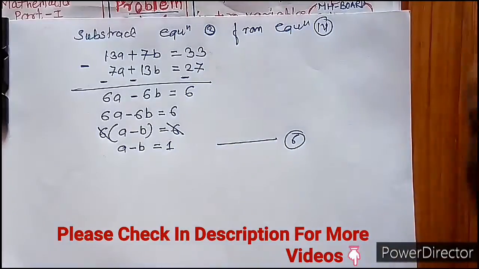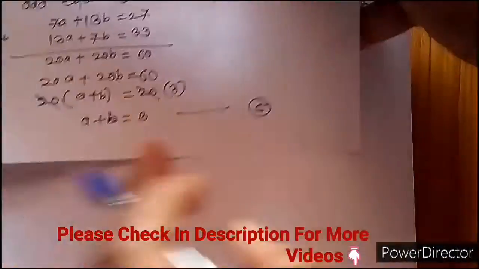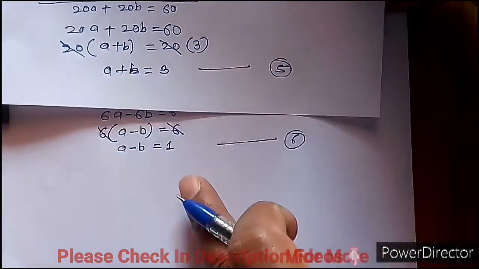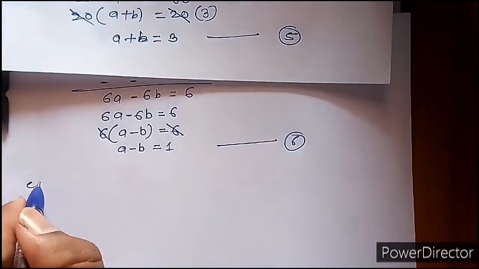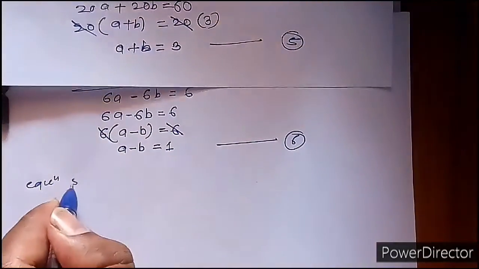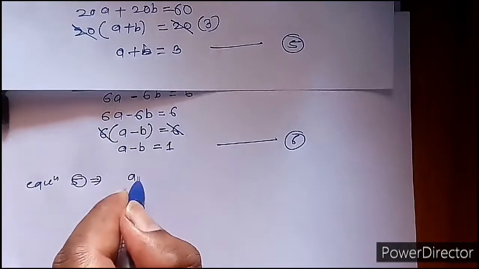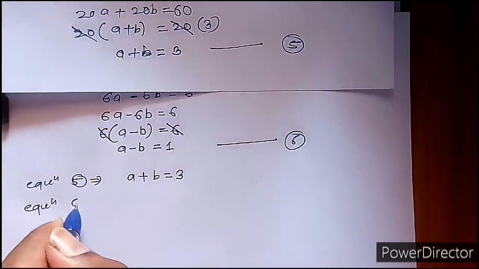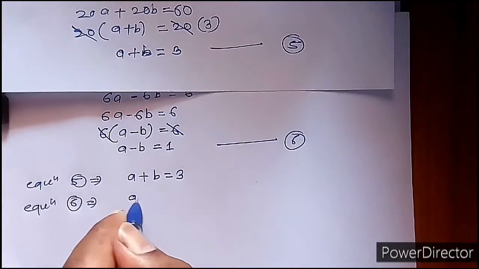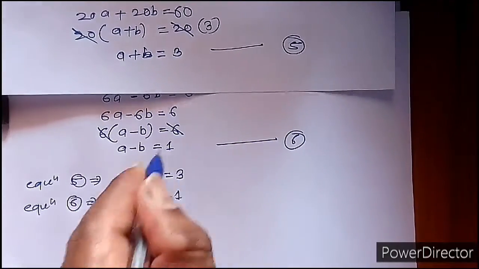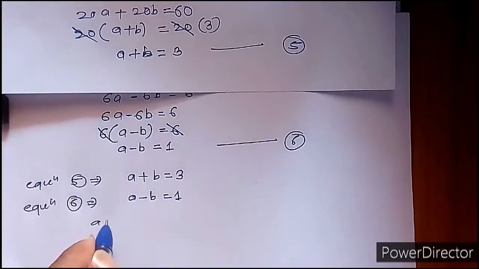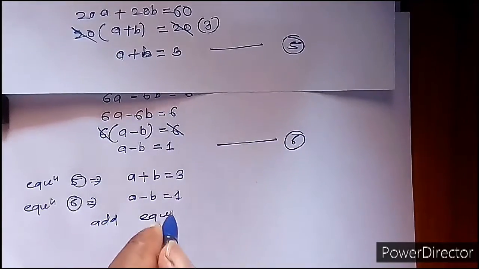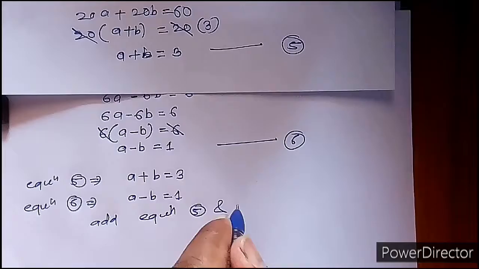Here we get two equations in the simplest form, that is equation number 5 and equation number 6. Write down here equation 5, that is a plus b equals 3, and equation 6, that is a minus b equals 1. Now add equations 5 and 6.